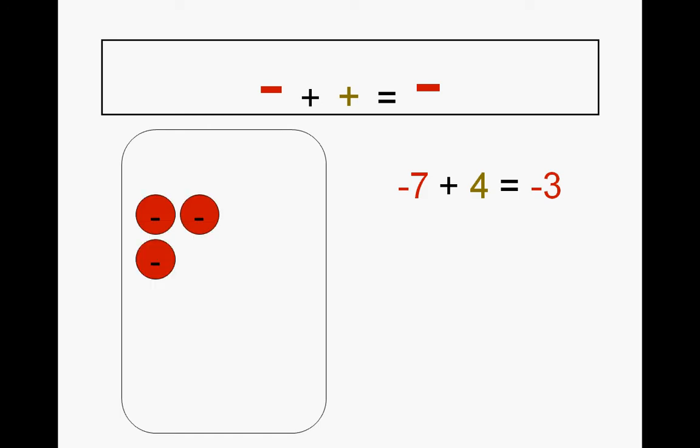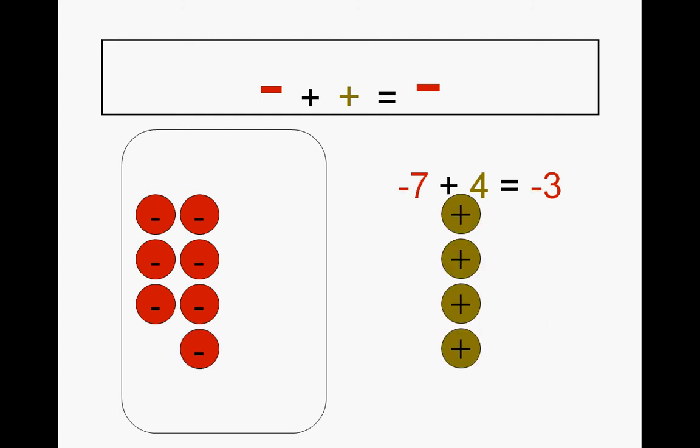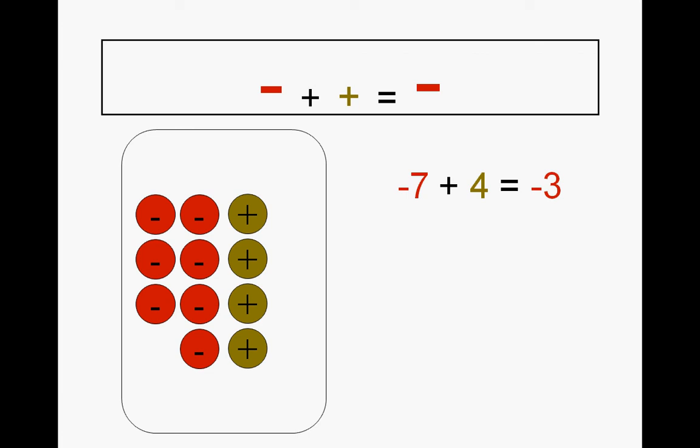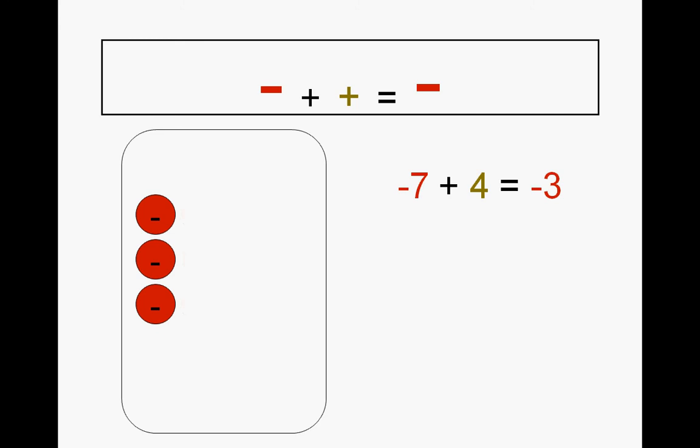So if we have 7 negative counters, and we add 4 positive counters, again we have 4 sets of 0, which can disappear and leave us with 3 negative integers.